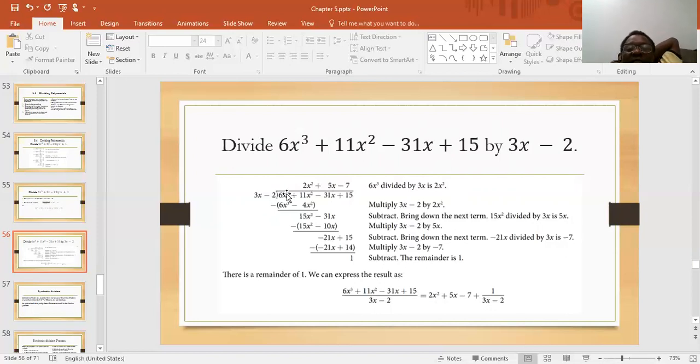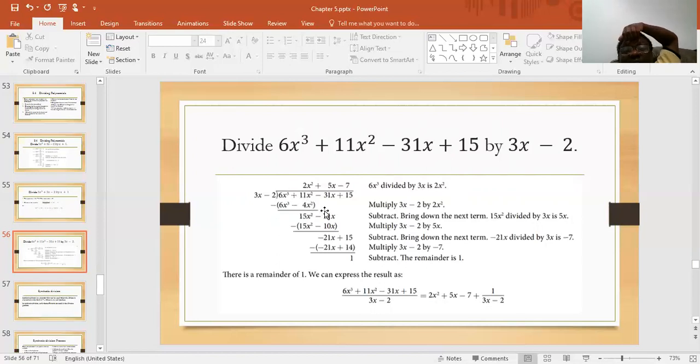So we place it on the division graph, and we divide 6x cubed by 3x to get 2x squared, which we multiply by 3x minus 2 to have 6x cubed minus 4x squared.